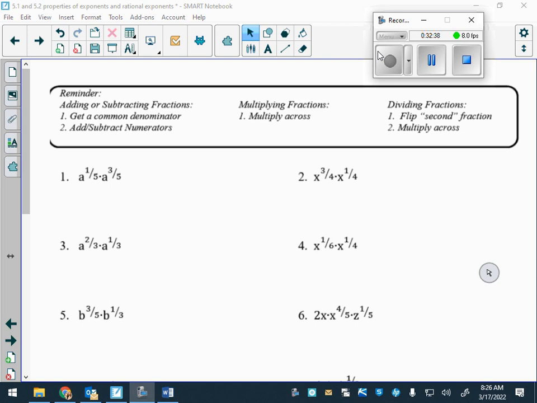Instead of 1, how would I write it as a common denominator? 5 over 5. To get 2x to the 9/5 z to the 1/5. That's as far as you could go. That was a tricky one. You have a lot of things going on there.